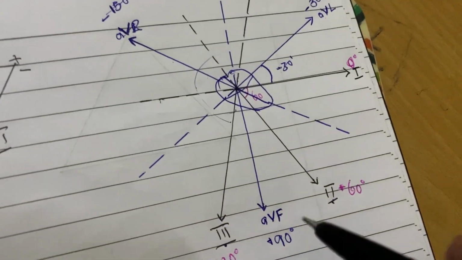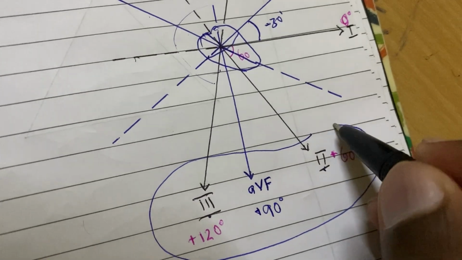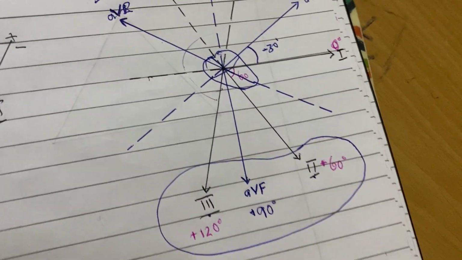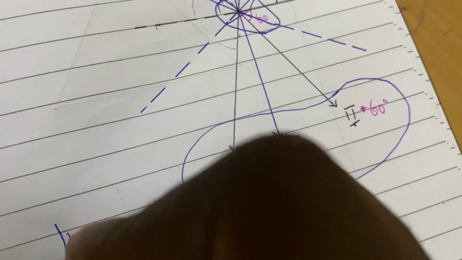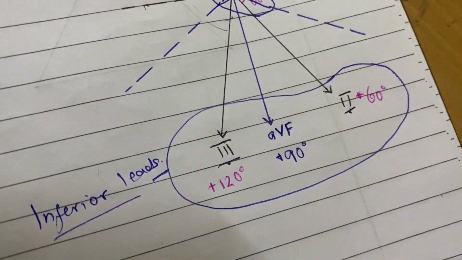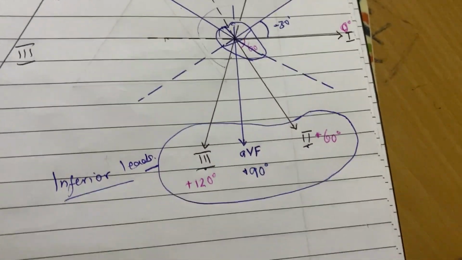So what we get from here, we see these 3 leads. We can group them, and these ones are called inferior leads. They are neighbors or contiguous leads.